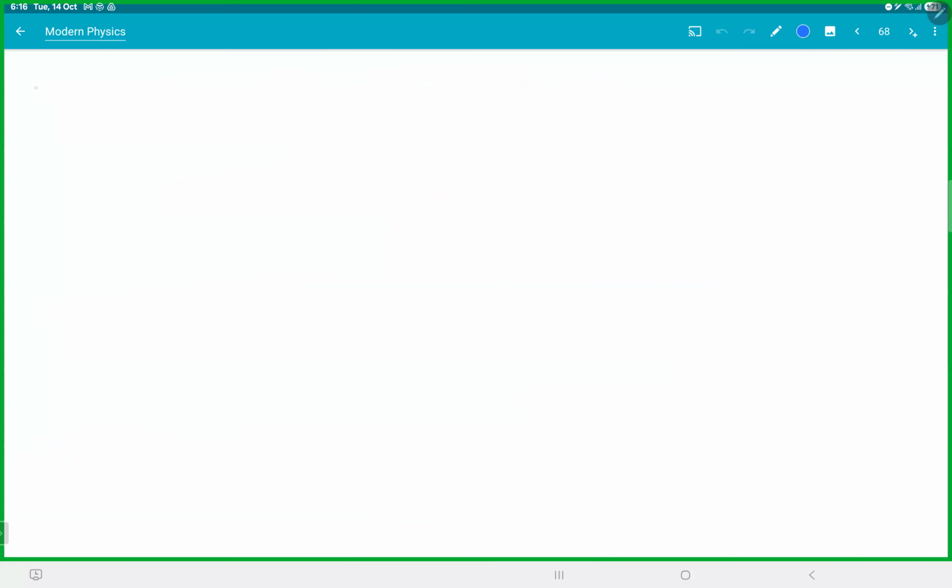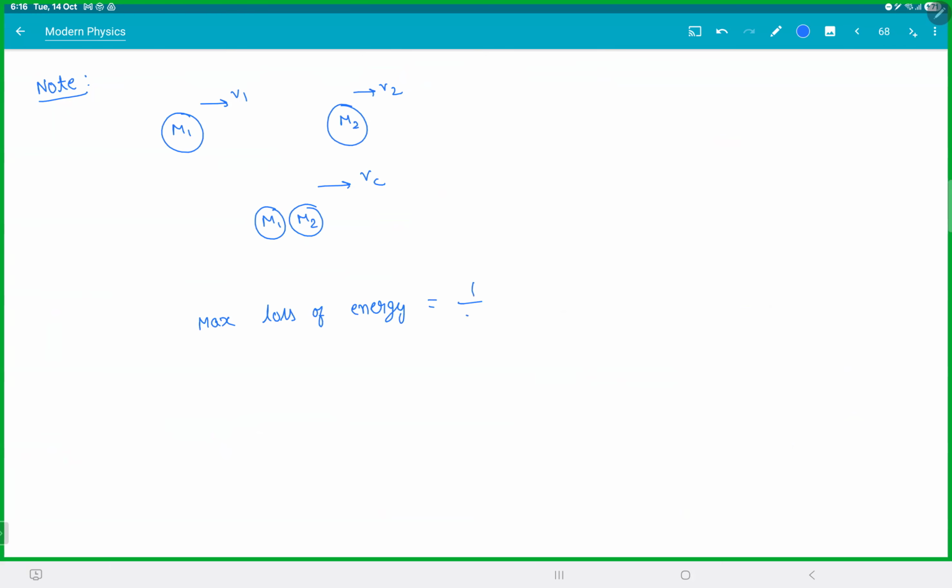Now, just to solve this a little faster, if you just want to find the maximum loss of energy, if you have a mass m1 going with v1, a mass m2 going with v2, and after collision they stick and go with v common, then the max loss of energy is given by half mu v relative square.